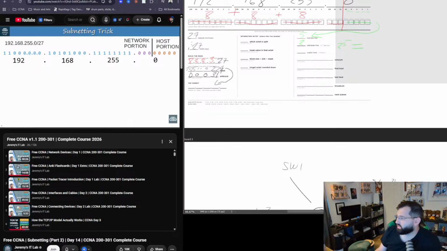Where's the caret key? We don't believe in caret keys. Okay.